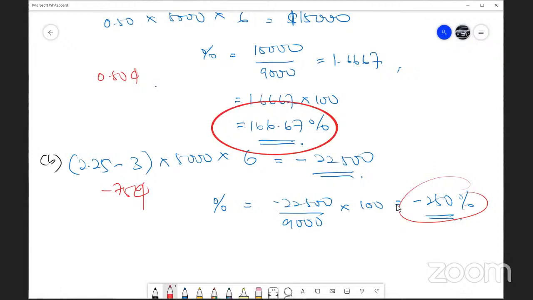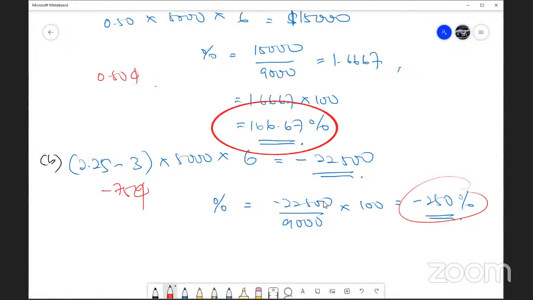A 50-cent gain could mean 166% gain, but the 75-cent loss already shows a negative 250% loss. Your initial investment is only $9,000, but you make 22,500 losses. It's exactly 2.5 times of your initial investment gone. So why is this happening? How come a small change makes such a huge difference here?